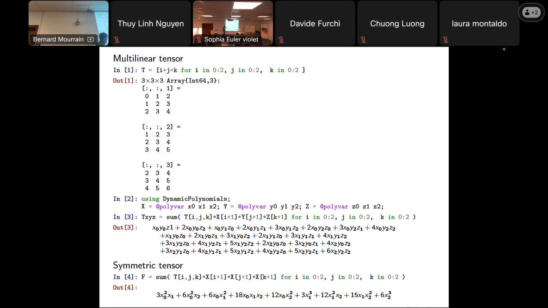We make the same construction, except that we use only the variable x and not y and z. So y becomes equal to x, and z also. So we get this polynomial, which is the sum of A_ijk x_(i+1) x_(j+1) x_(k+1), and this gives this polynomial where we see some binomial coefficients appear, 3 here and 3 times 2 here.